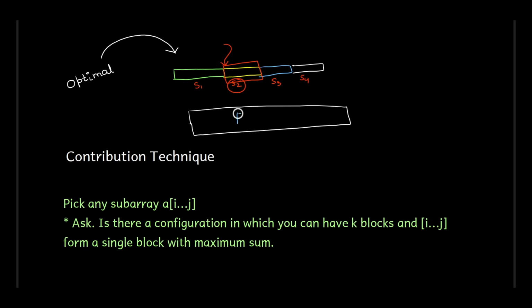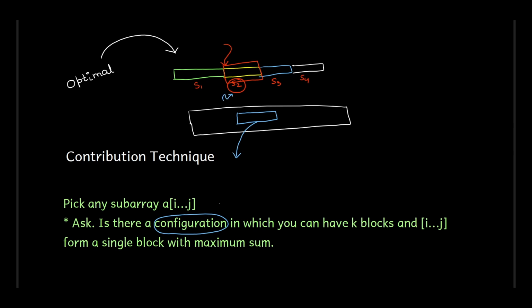But if we can find out for each subarray, suppose this is the subarray, we ask the question, is there any configuration in which this block exists, plus it also has the maximum sum? Because we are looking to retain the maximum sum, which is S2.